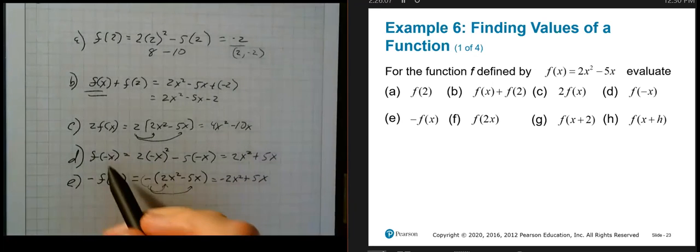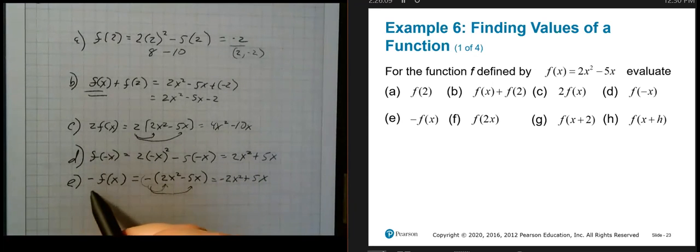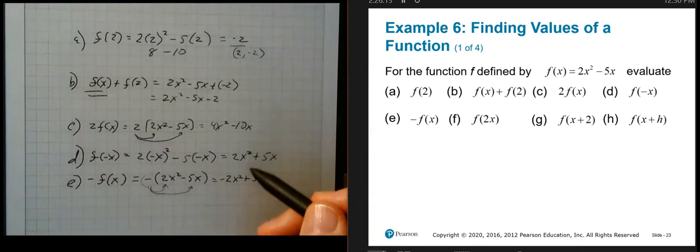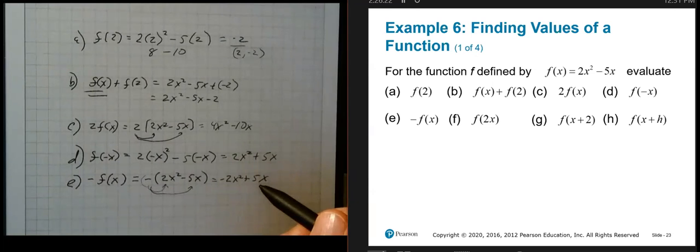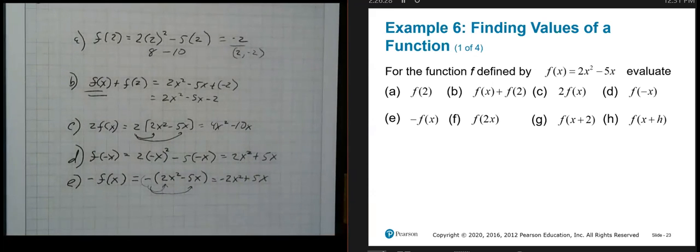Please notice this was f of negative x, where this was the negative of f of x. Here, only one sign changed, but here both signs changed. Sometimes both signs will change and sometimes no signs will change. So it all depends upon what's happening inside the functions.